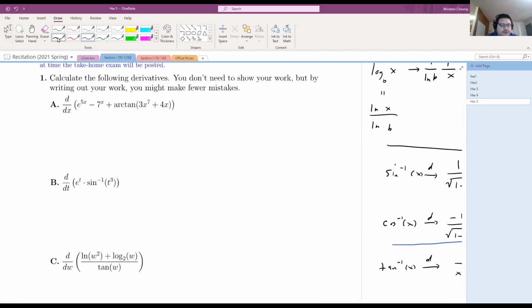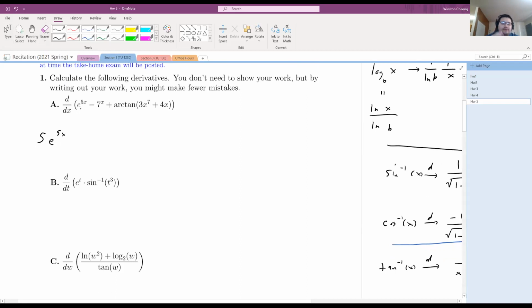Right, so we go through this term by term. This first one, the derivative of the exponential is just the exponential, but there is an inner function, so we have a chain rule. You could write this as times 5, or you could write 5 in the front. I'm going to put the 5 in the front.